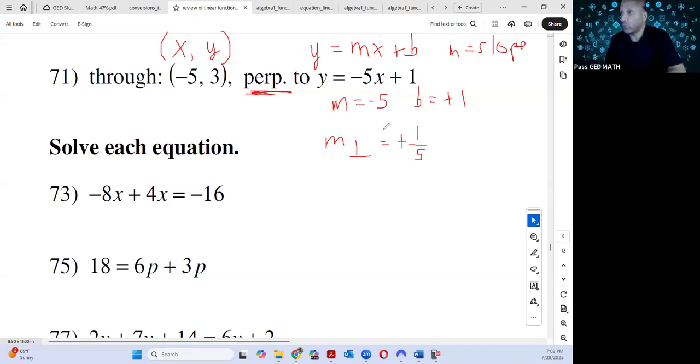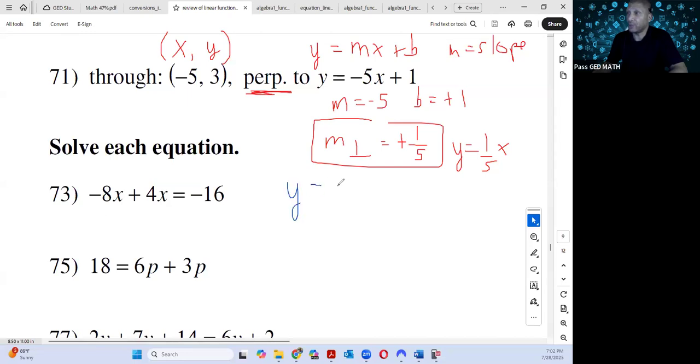Okay. Now we know the slope of the perpendicular. We know our equation is going to start with y = 1/5 x plus something. How do we know exactly what it is? We got to use y = mx + b. What's my y?